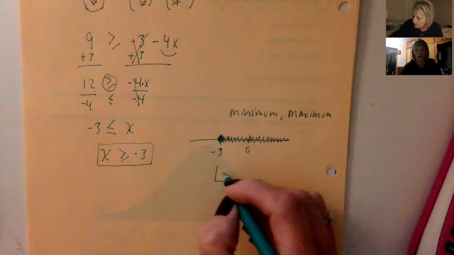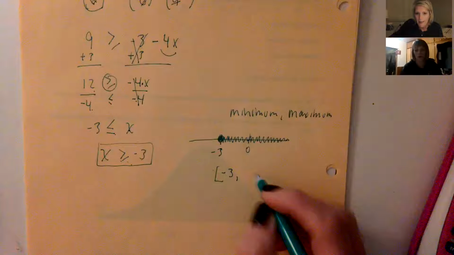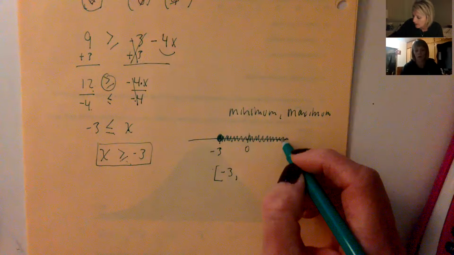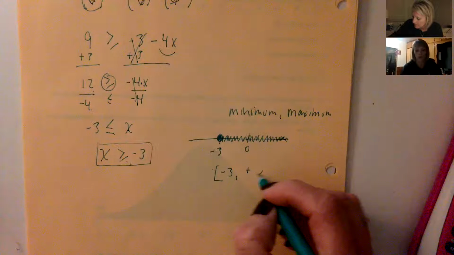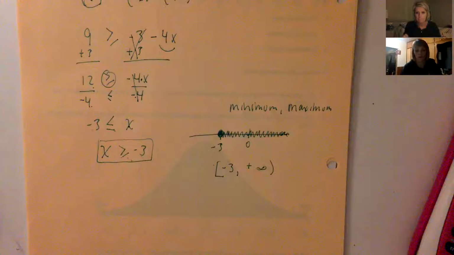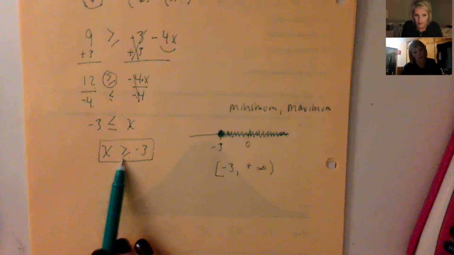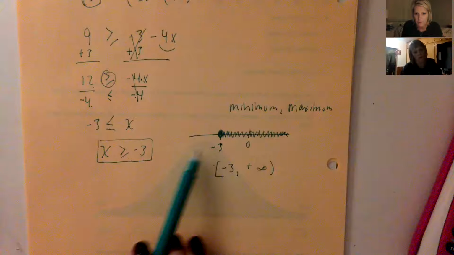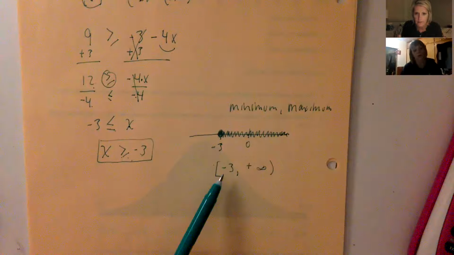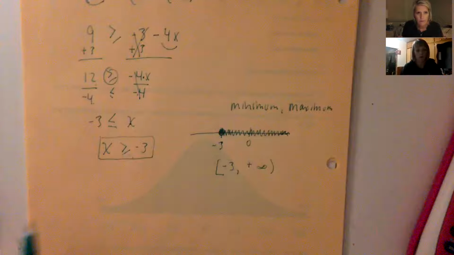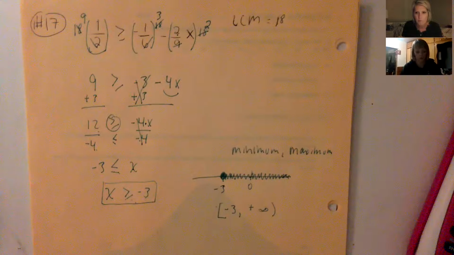So my minimum is -3, comma, my maximum, I'm limitless out here at positive infinity. So there's my answer symbolically with my algebra, there's my number line, and there's my interval notation for number 17.